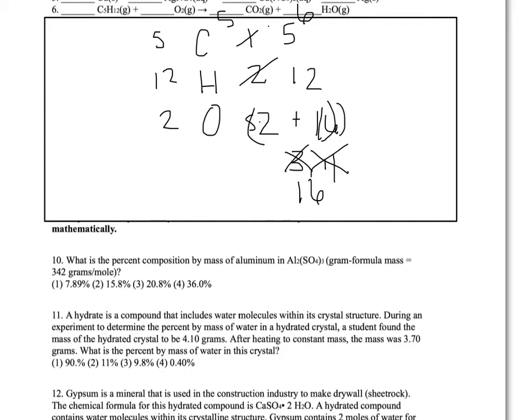So notice that we have balanced carbons and balanced hydrogens, but our oxygens are not in balance. So here we're basically looking for the least common multiple between 2 and 16, which is 16.